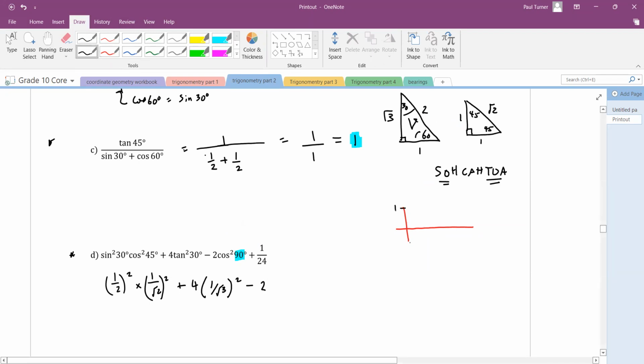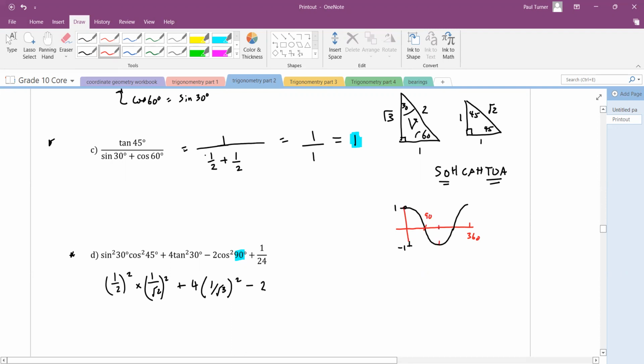So we have 1 here, negative 1 down here, and remember I mentioned that cos starts at 1 here. So we go 90, 180, 270, 360. So this is the way that I remember these if I don't have a calculator. So this is 360. This first point is 90.